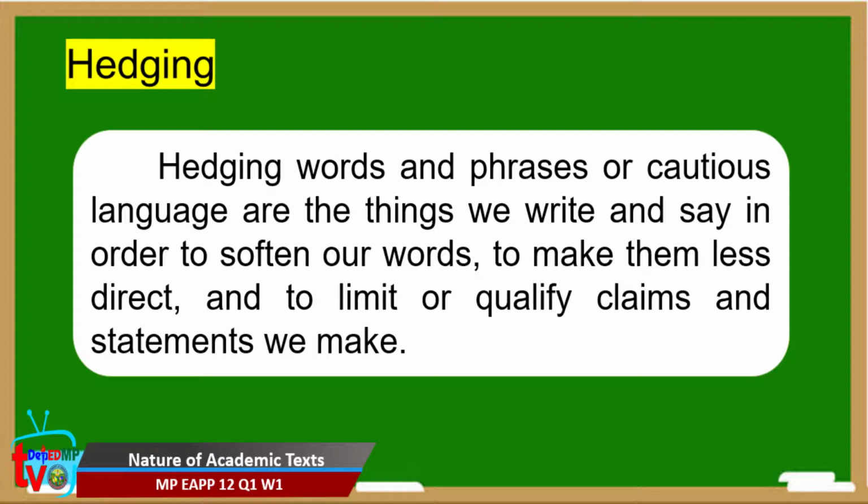You are probably already familiar with hedging in news reports, where journalists frequently use the word allegedly, partly because the statements they make are not necessarily proven, and also to create a defense for themselves if confronted about the content of the report, thus protecting themselves from criticism and potential legal action in the process.